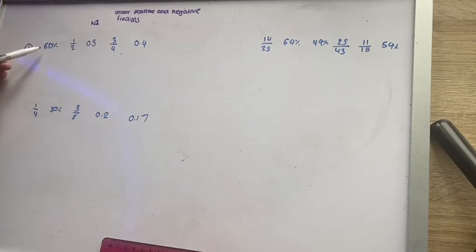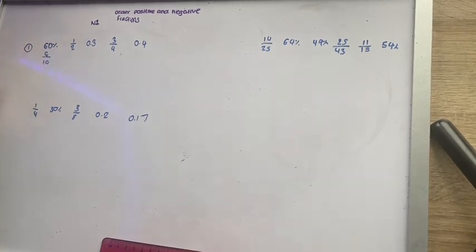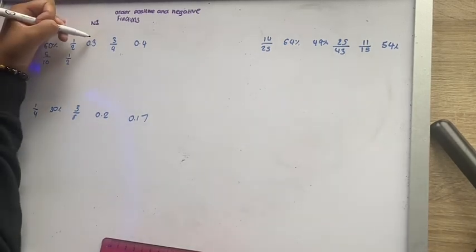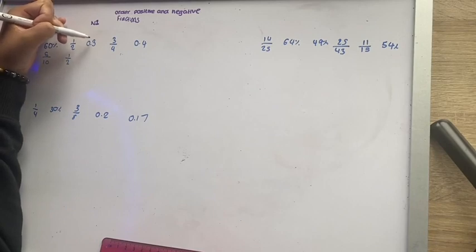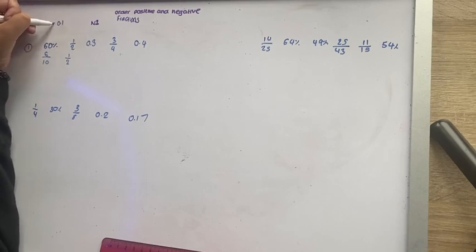60% is the same as writing 60 over 100, or 6 over 10. So I can write that down as 6 over 10. A half can just remain as a half. When I was doing the tenths, hundredths, and thousandths, you would have noticed that tenths would look like this, which is also the same as writing it as that.